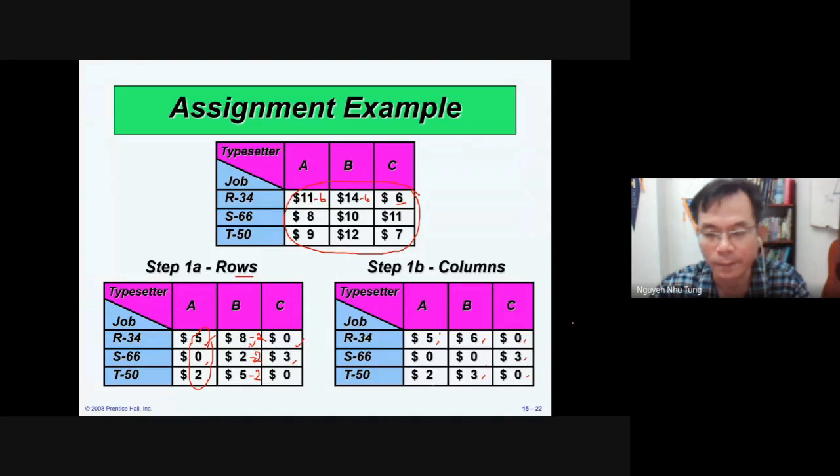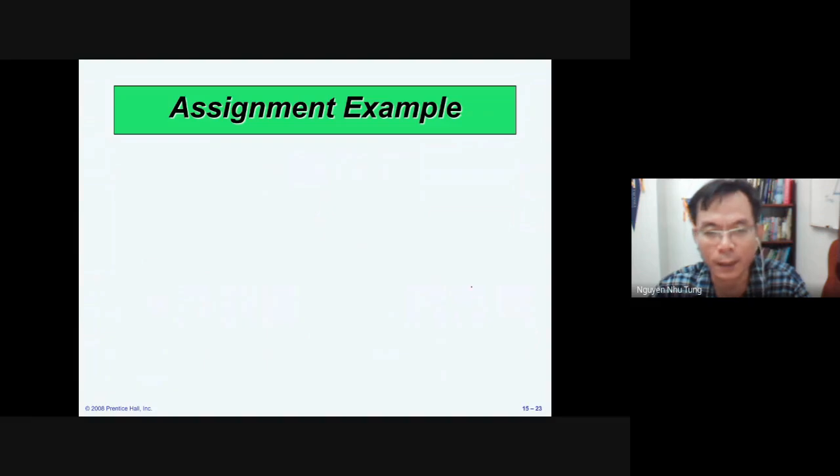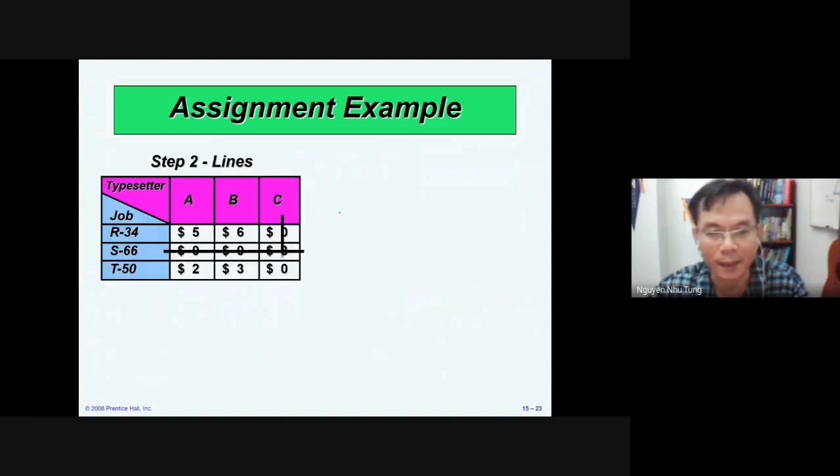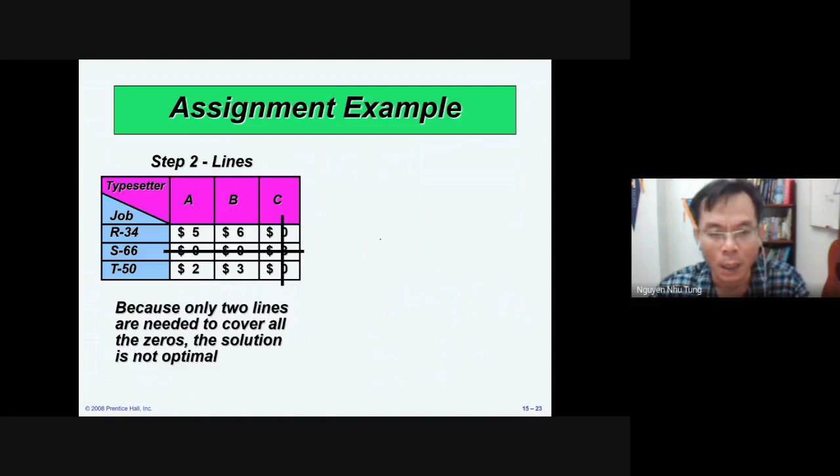All right. Now, after step 1B, you take step 2, that is line crossing. You use lines to cross the numbers, on the condition that the number of lines you use is the minimum.